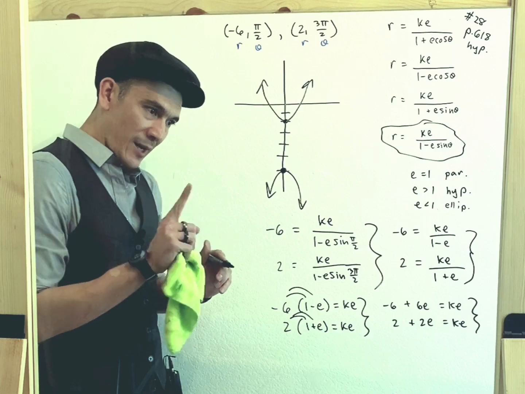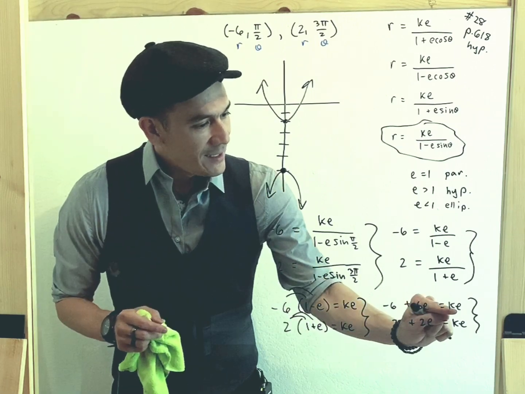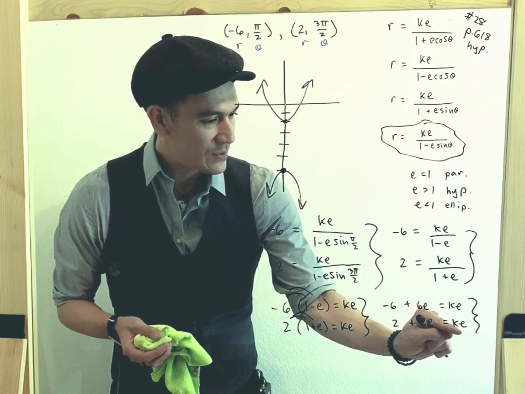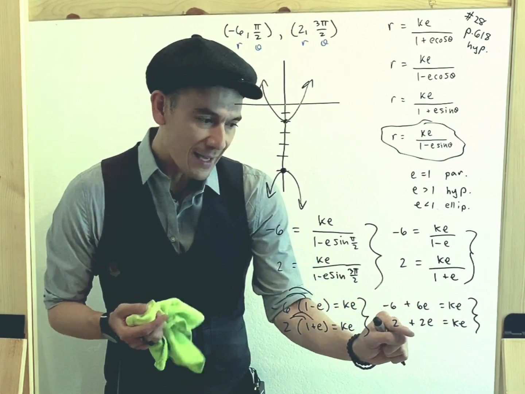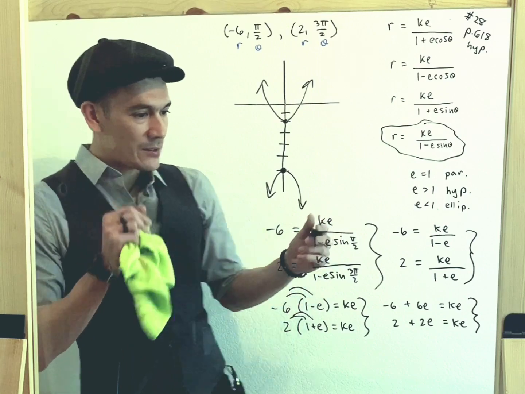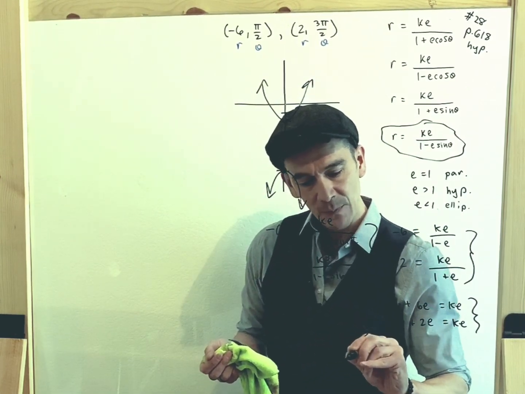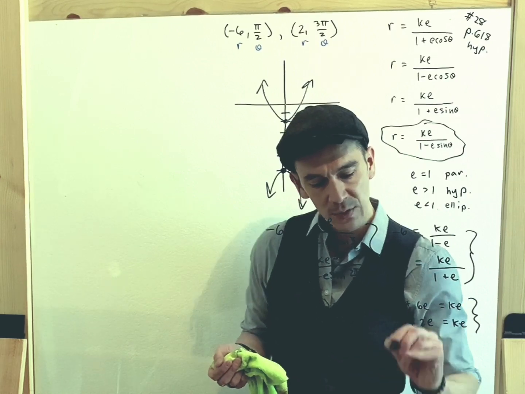Now please make one observation. Ke is equal to Ke. So if this is equal to this, that means this is equal to that by substitution. So here's what we have. We have negative 6 plus 6e equals 2 plus 2e.